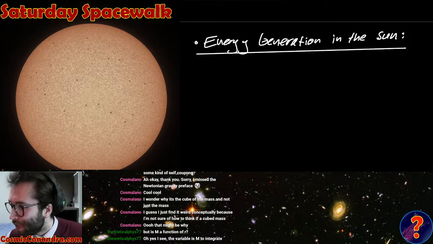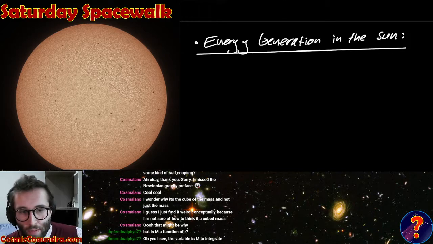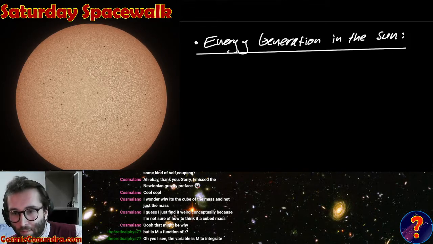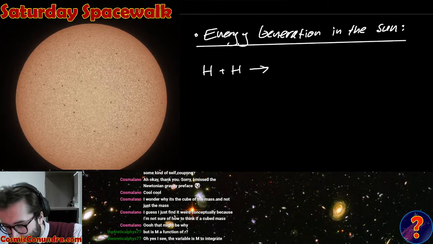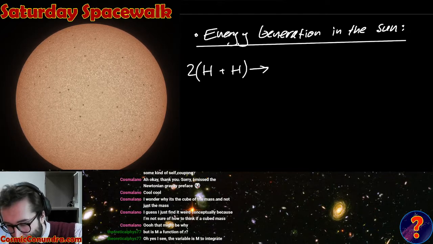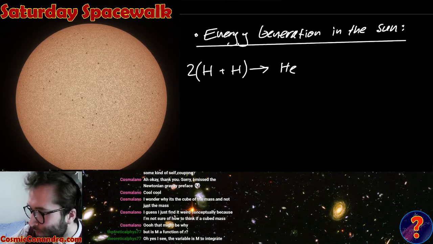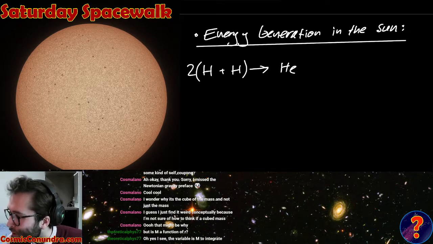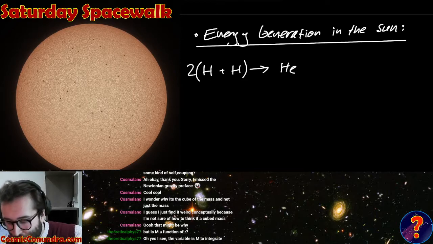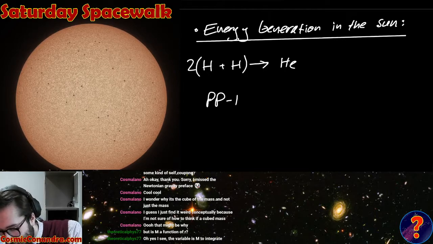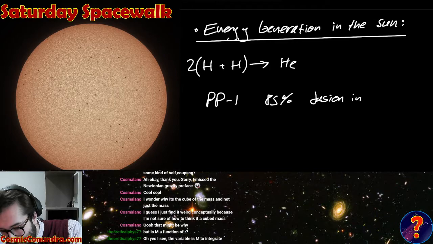Specifically in our Sun and in most main sequence stars, fusion of hydrogen into helium is the dominant process. And this can take place through a few different mechanisms. The most prolific one is the pp1 chain, the proton-proton 1 chain, which I think accounts for around 85% of fusion in the Sun.